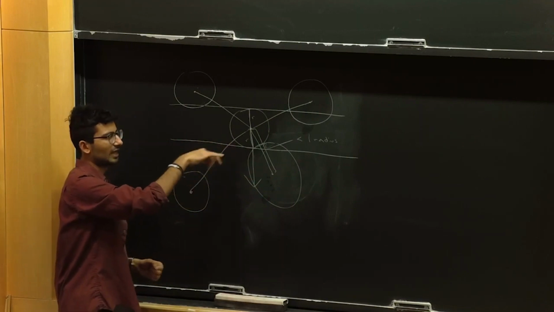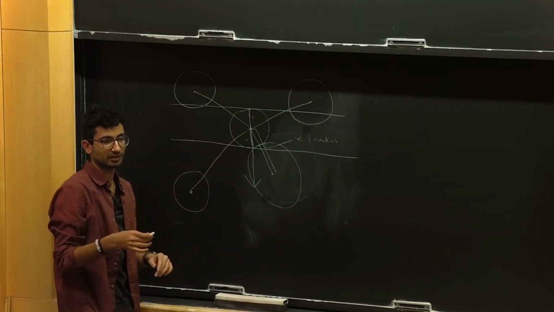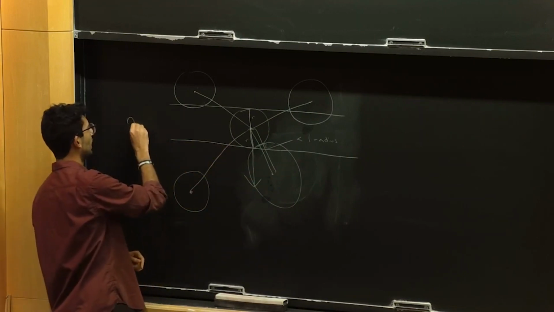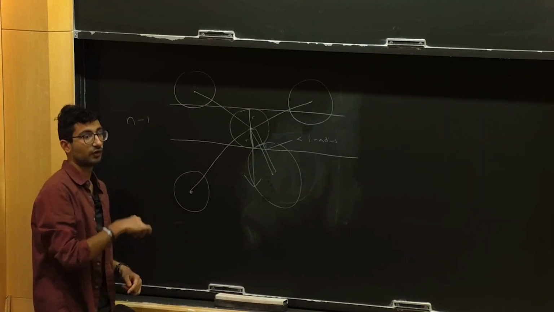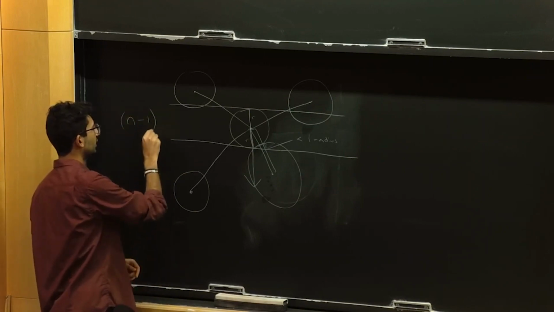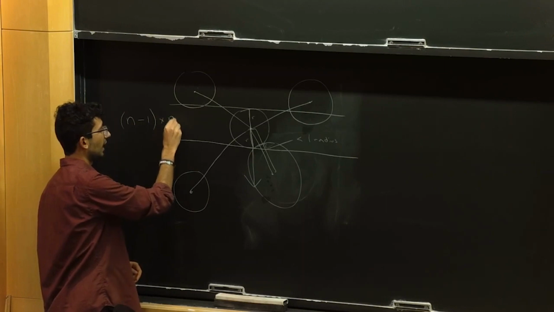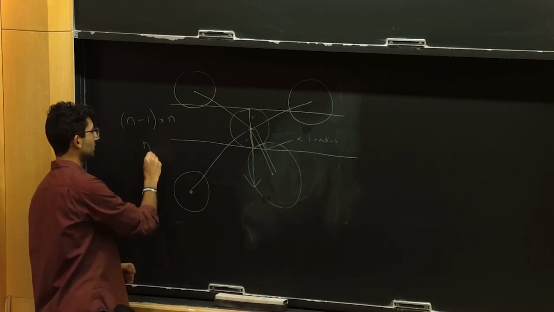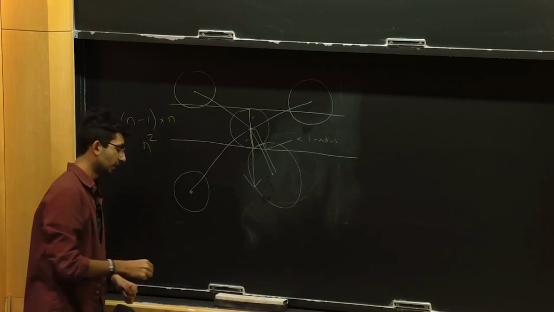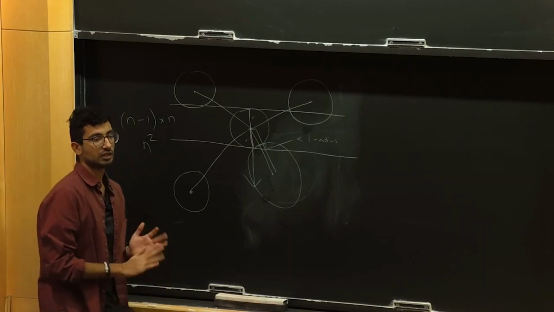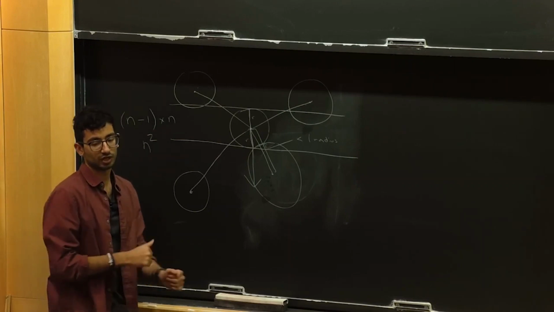I need to check n minus 1 other balls. Does that make sense? And I need to do n minus 1 checks for every single ball that I have. So I need to do this n times, which is going to give me something on the order of n squared. And so this collision detection is going to be pretty expensive to do computationally.